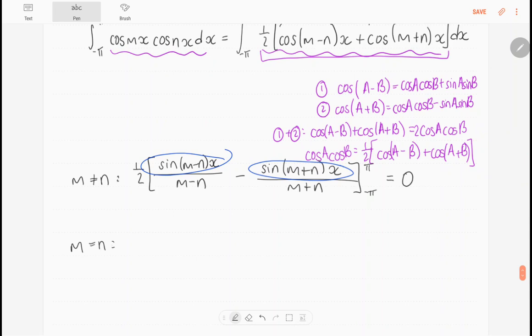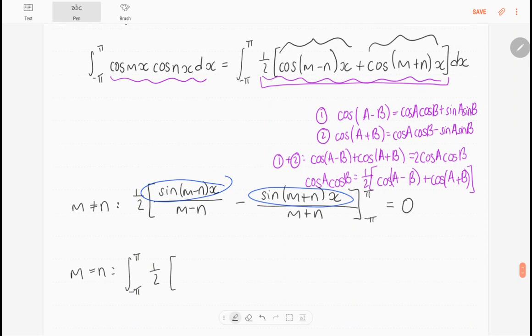So in that case, we have the integral from minus pi to pi of a half times, since m equals n, our first term is cos of 0, so it's going to be 1, plus cos of (m plus n) multiplied by x dx.